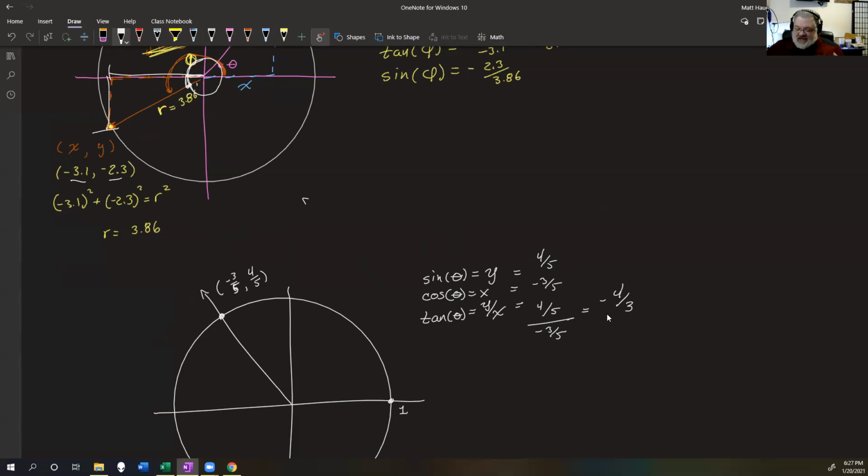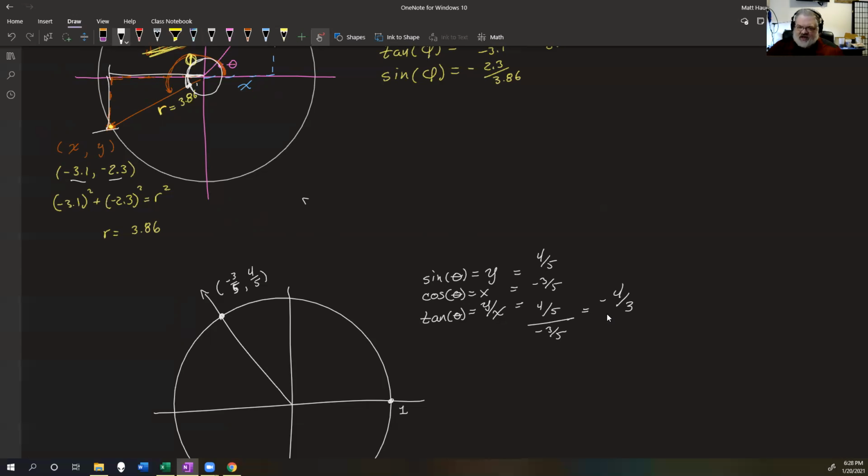So when we're on a circle of radius 1, we get simplified definitions, which is going to be handy since we're going to be able to force ourselves onto a circle of radius 1 surprisingly often. So I want you to start associating those with each other.